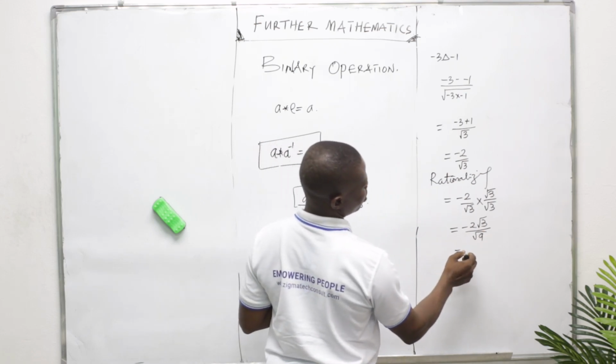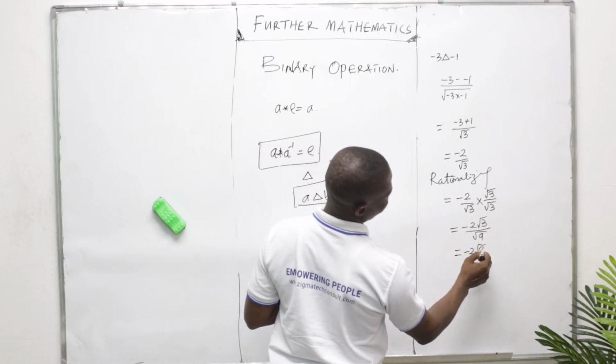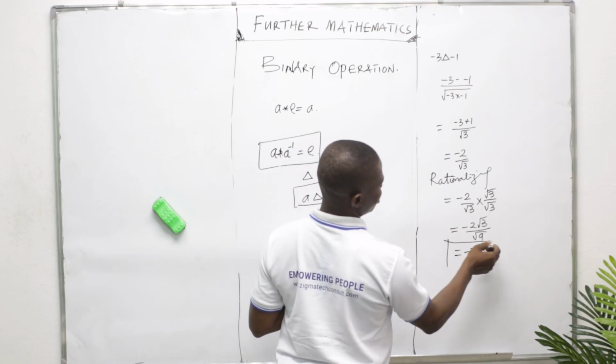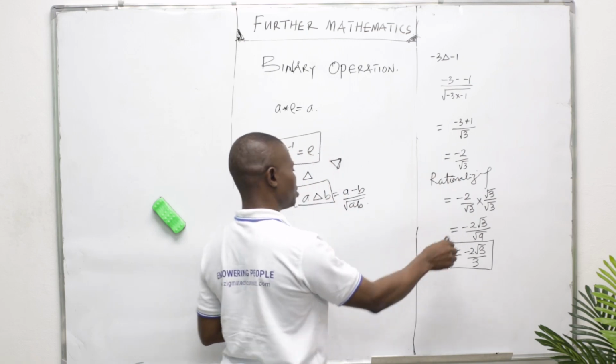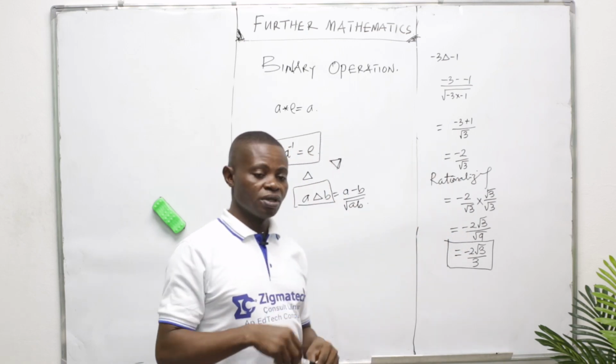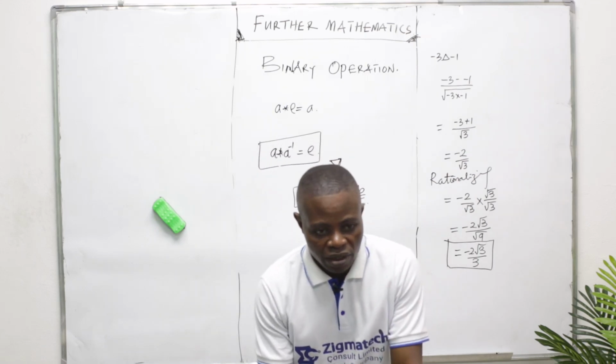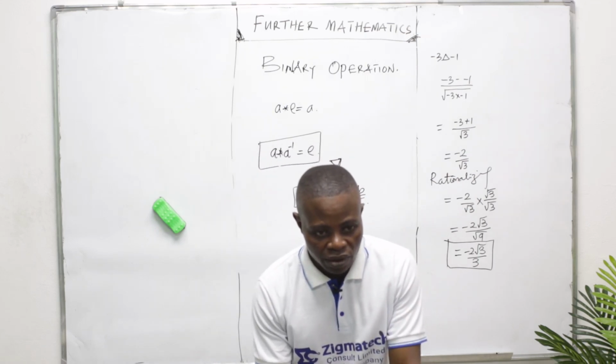Then what is the square root of 9? Square root of 9 is 3. Final answer becomes what? Minus 2 root 3 all over 3.